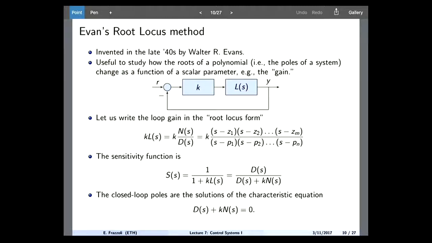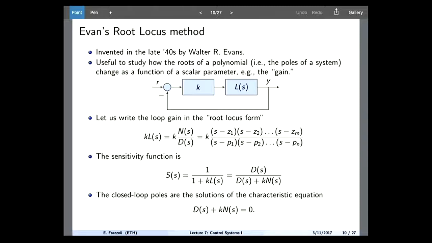Let's write it in what we call the root locus form. We will see why, essentially to make it convenient to use this technique. And remember, the root locus form is something where we factorize the polynomial denominator, and choose a constant in front of the fraction in such a way that all the coefficients of the highest s terms are equal to 1, okay? The sensitivity function would be 1 over 1 plus kL in this case, okay?